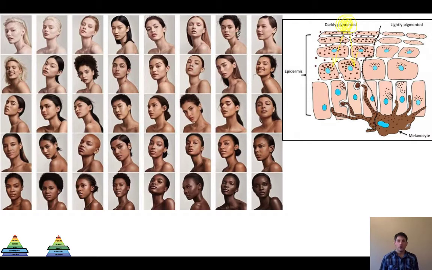The other thing I'd like to point out is that all of us in this class, and all three of my 201 lectures, and all across the world, have about the same amount of melanocytes. You can expect a quiz question or a test question about this. So we all have about the same number of melanocytes. The only difference between this person and this person is the rate of melanin synthesis.